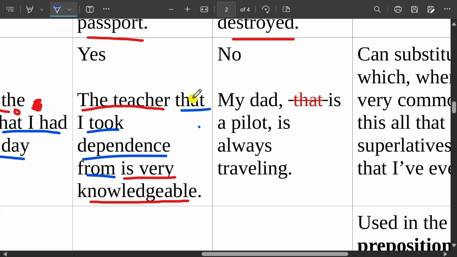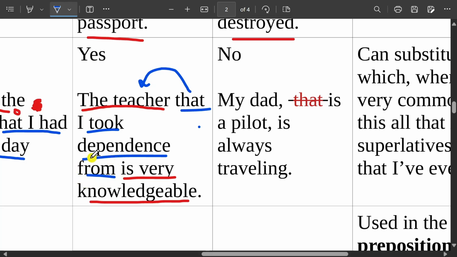And this entire relative clause refers to teacher. This teacher is a non-specific teacher. You don't know which teacher. You see? It's not a specific teacher. You understand? This is what you have to catch. So this is a defining relative clause. It's explaining who the teacher is. Okay?